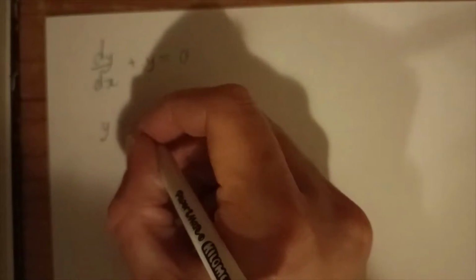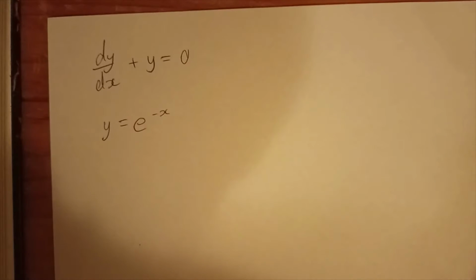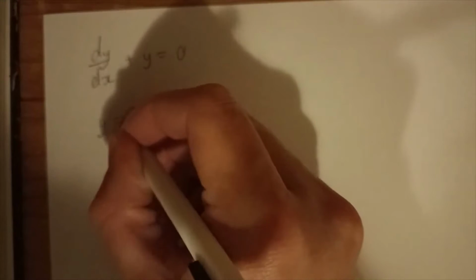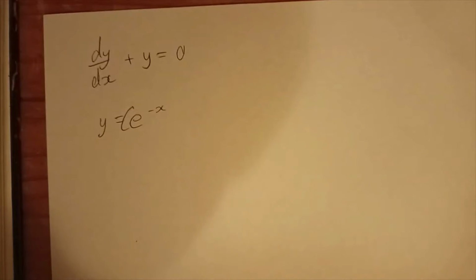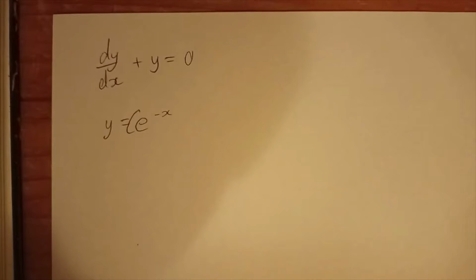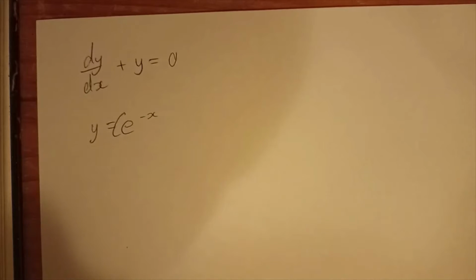A solution to this one is the exponential of negative x. And I also showed, and explained, that any constant multiple times this function is also a solution to the differential equation.